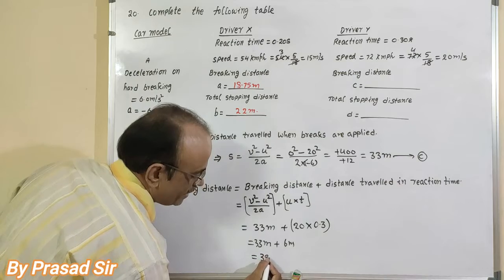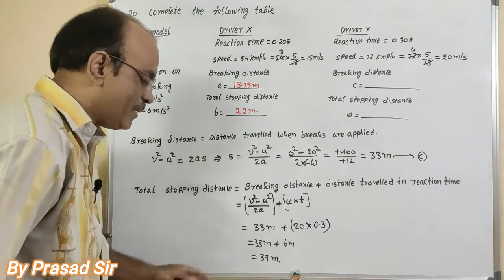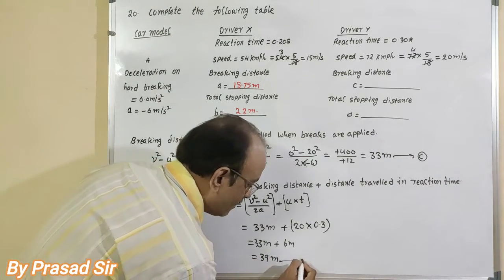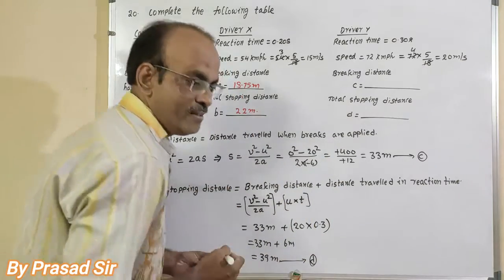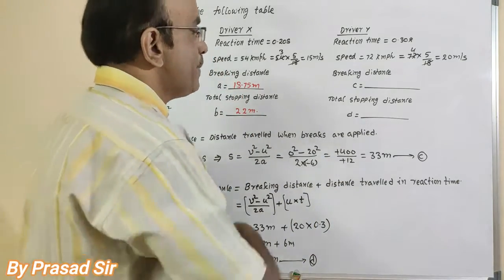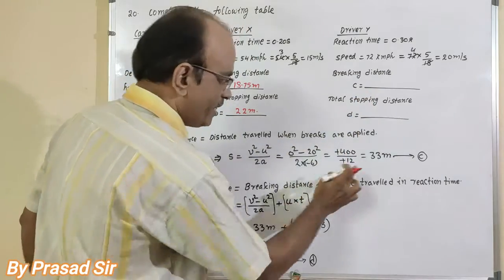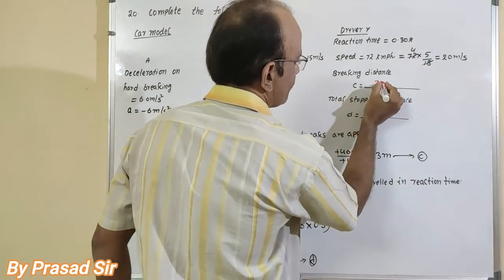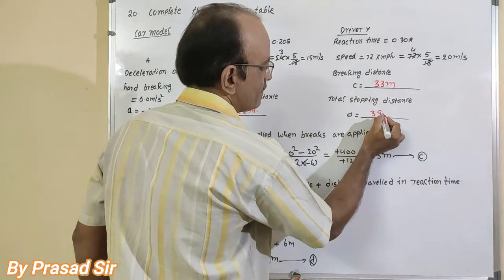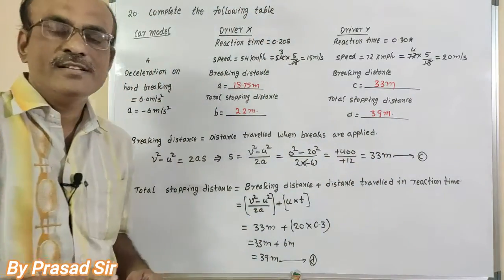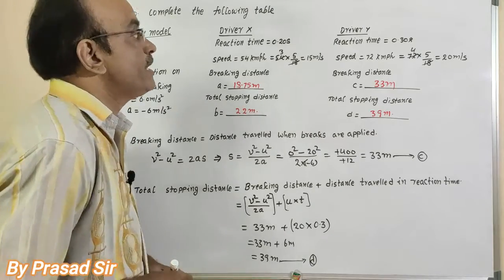What answer are we getting? 39 meters. So this is option D. So that means braking distance we are getting 33 meters, and total stopping distance 39 meters. This is the solution for driver Y.